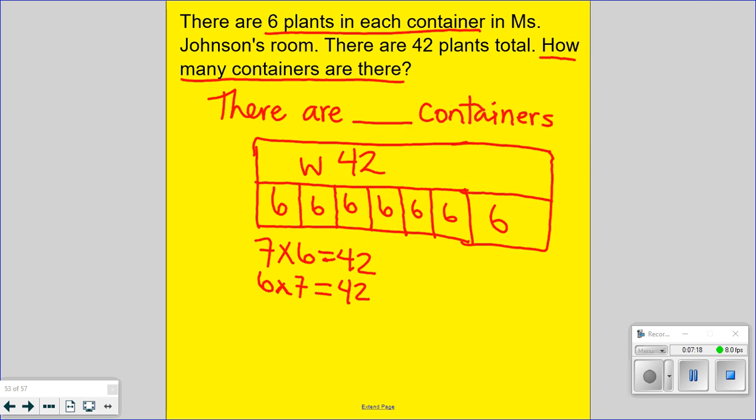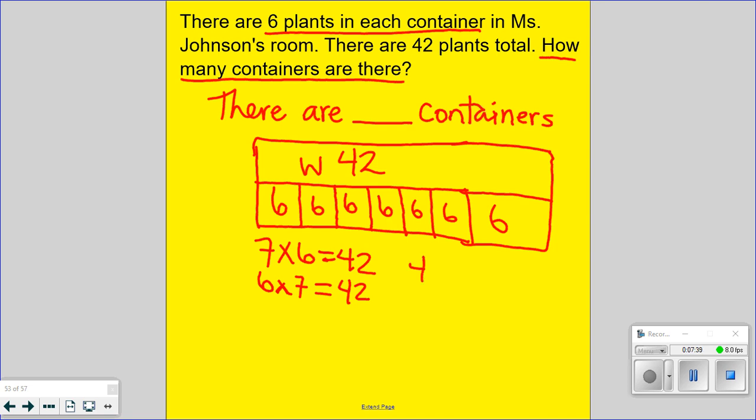What if I wanted to use a division equation? Bryson, when I divide, do I start with parts or do I start with the whole thing? Whole thing. What is my whole thing? 42. I'm writing, you're writing.